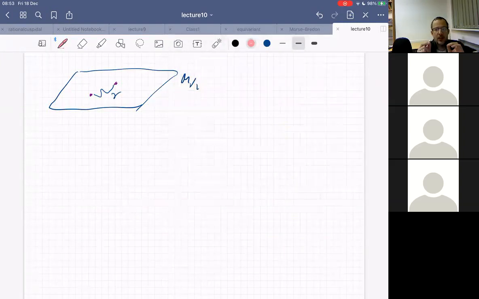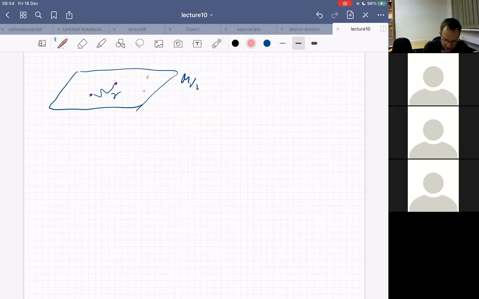Index 1 critical points have a stable manifold of dimension 1, and it just intersects the level set along S0, a pair of points.